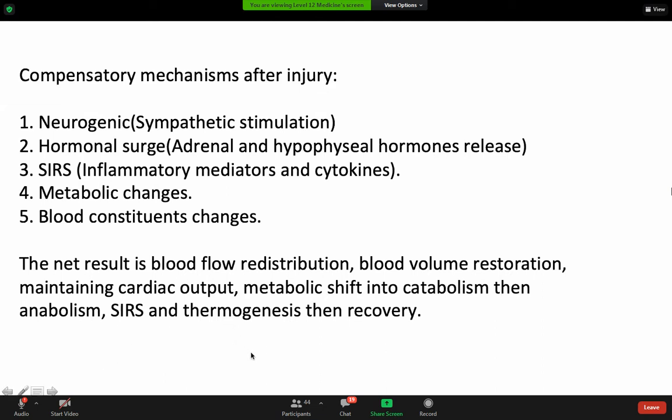So what are the net results? Blood flow redistribution, blood volume restoration, maintaining cardiac output, metabolic shift into catabolism, then anabolism, SIRS, and thermogenic, then recovery.